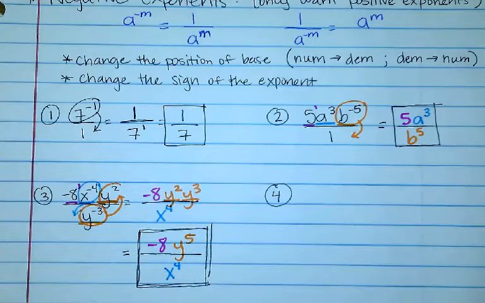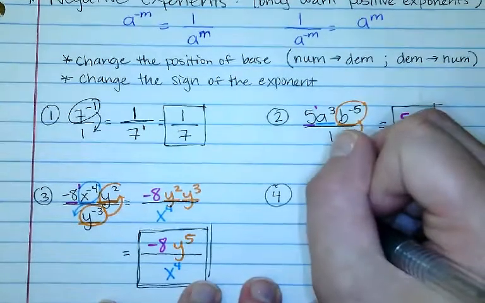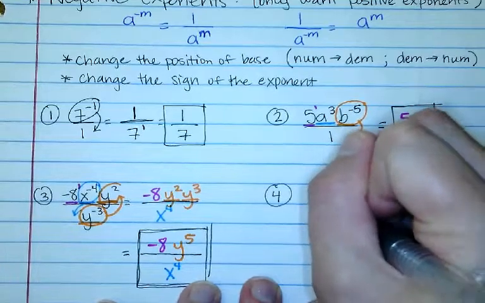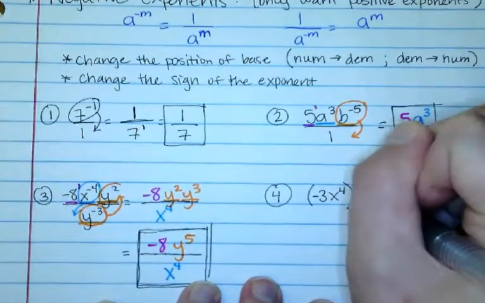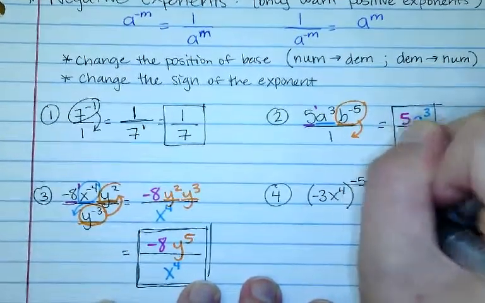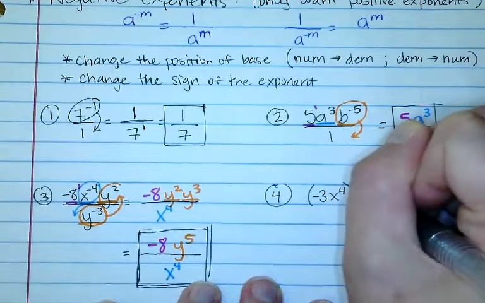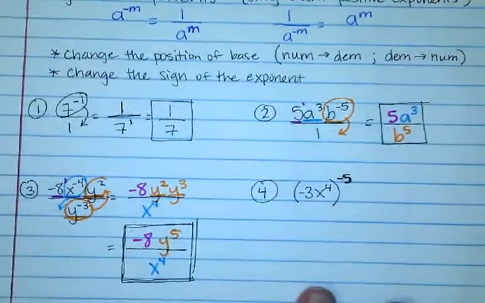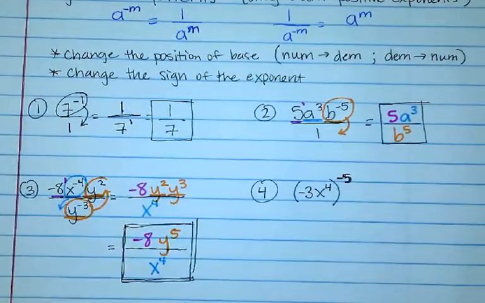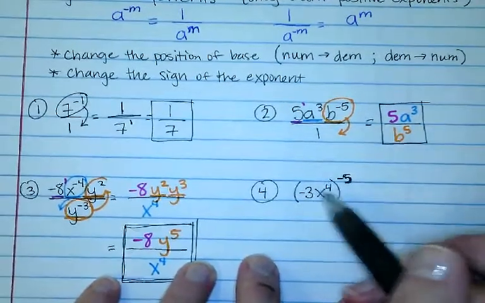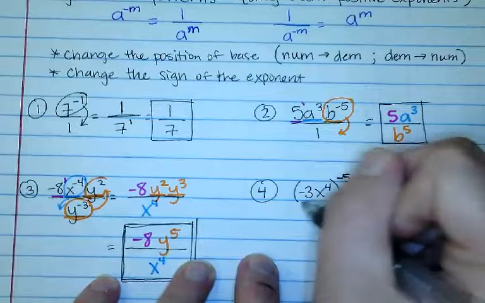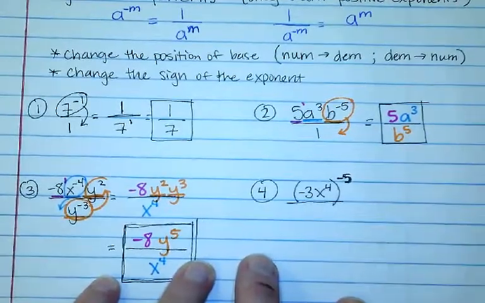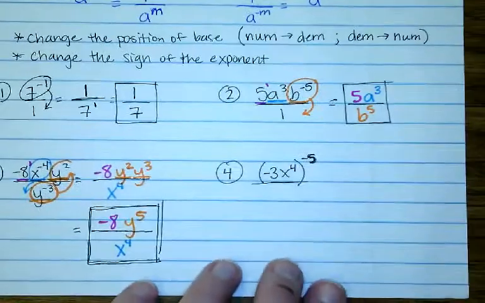Last one here. We're going to do parentheses, negative 3x to the 4th, raised to the negative 5th power. We can do this a few different ways. We can move this entire thing to the denominator and then distribute our powers, or we can distribute our powers and then move them.